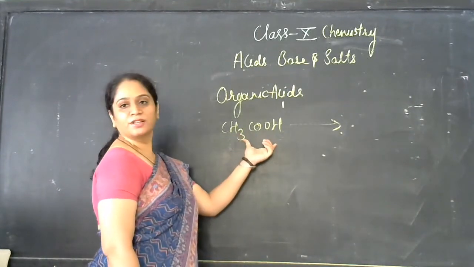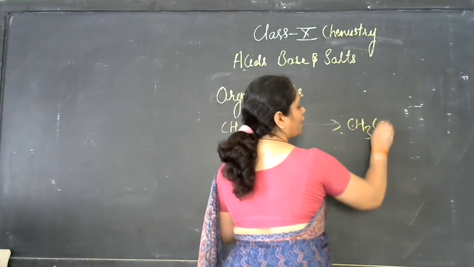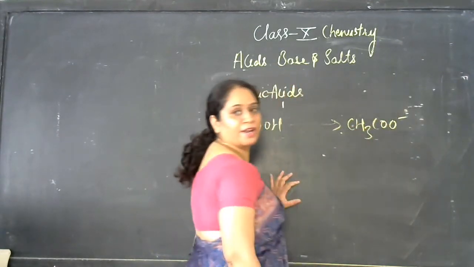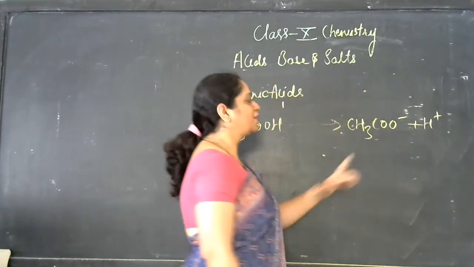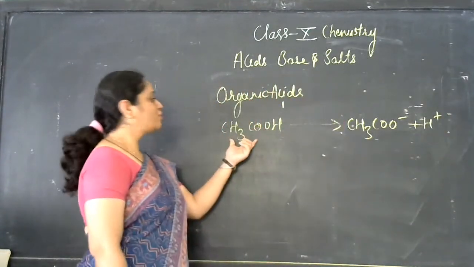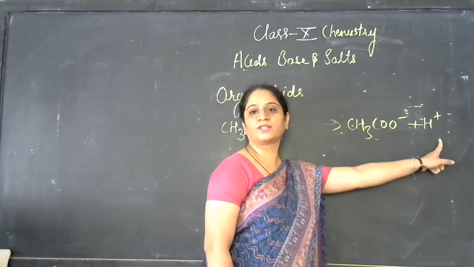Suppose I take ethanoic acid and break it: it converts into CH3COO negative charge and H positive charge. That means out of 4 hydrogens, it releases only 1 hydrogen ion into the solution.